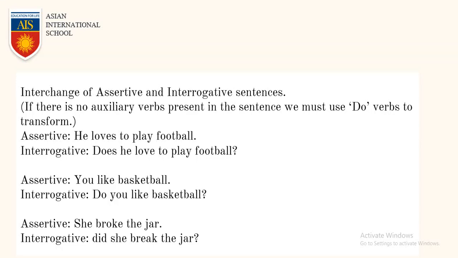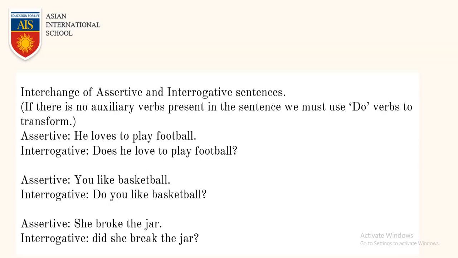In the second example, you can see, you like basketball. In this sentence also you can see the absence of the auxiliary verb. Since "you" is not third person singular number, it is second person, we shall be adding do as it is.